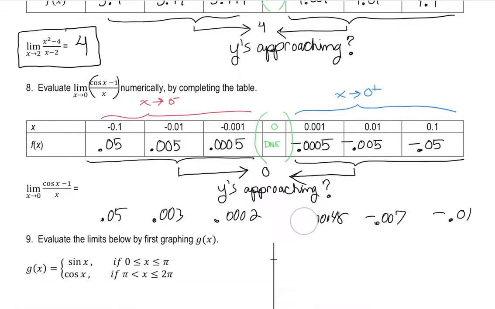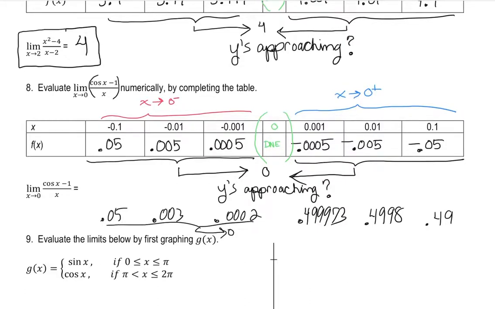Now, let's say I was coming into 0 from one side, but from the other side I had something coming in at maybe 0.49, and then 0.4998, and maybe 0.499973.